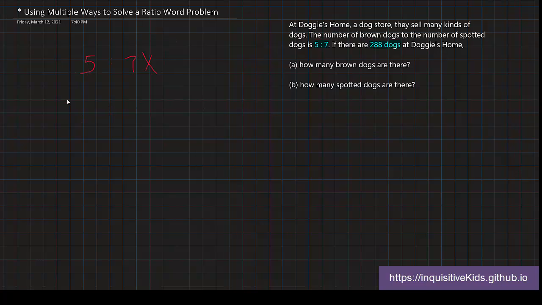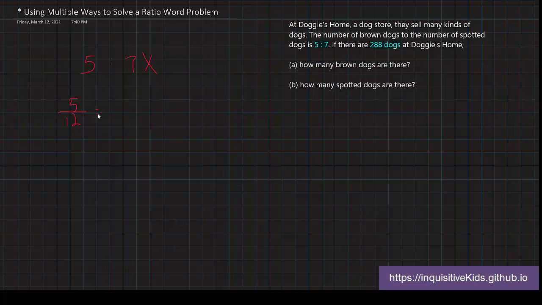So let's change this ratio into a ratio of just the relationship between the total number of dogs and the unit for the brown dogs. And that would be 5:12. Because over here, 12 is the total number of units. 5 plus 7 equals 12.